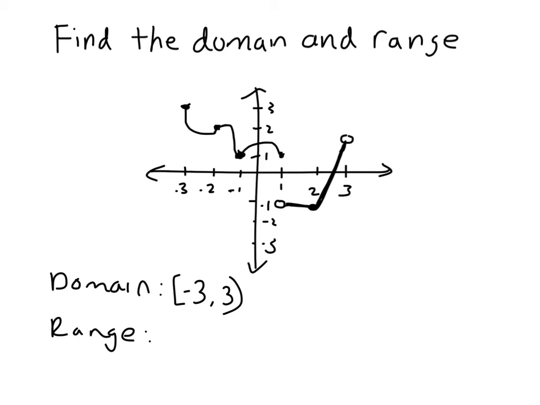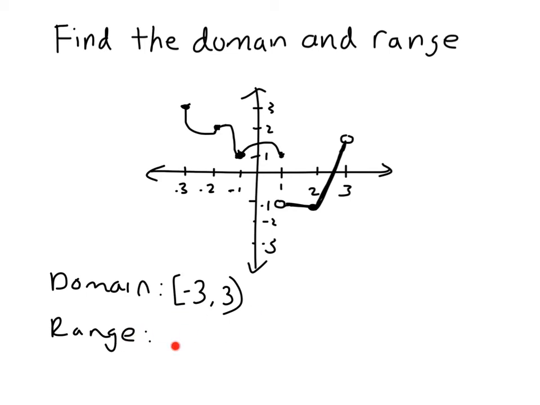We need to make sure that as we're going along, every x value is included between -3 and 3. So if you were to look across, you see at one point we jump, but we pick right up where we left off, and so every value of x between -3 and 3 is shown here in this graph. If you were to have jumped earlier, there would be some values missing, and you'd have to take that into consideration when you're thinking about the domain.